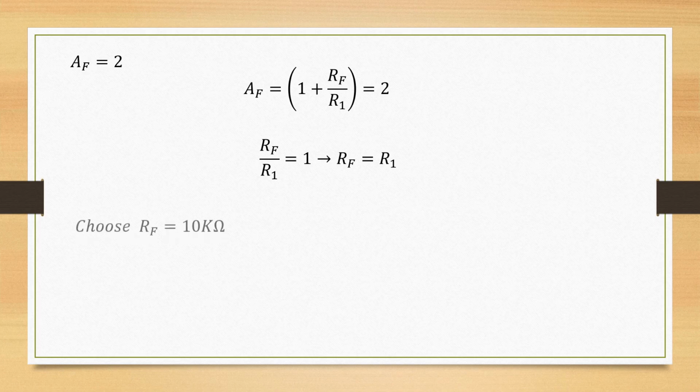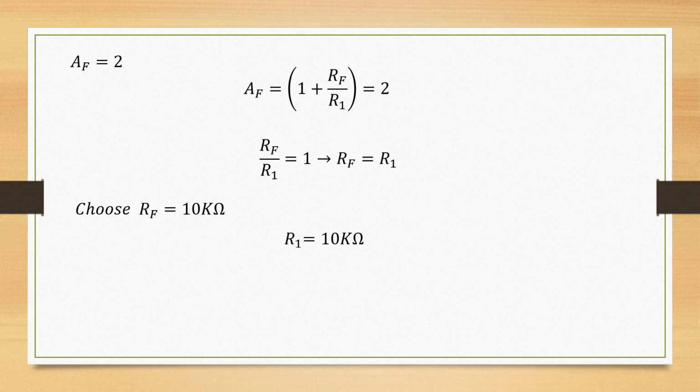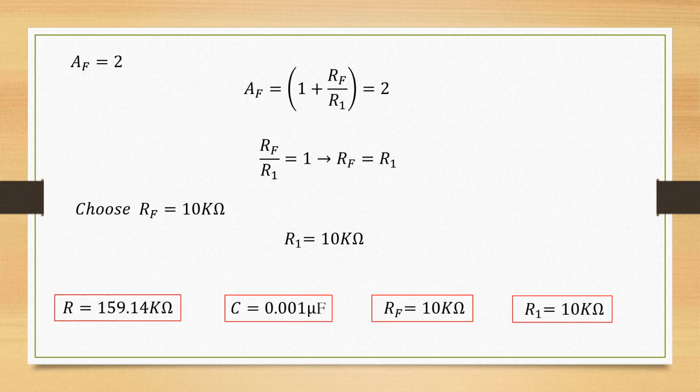We will select RF equal to 10 kilo ohm, so R1 will also be equal to 10 kilo ohm. With this process we have obtained all the values of the components required: the resistance R as 159.14 kilo ohm, capacitance C as 0.001 microfarad, RF as 10 kilo ohm, and R1 as 10 kilo ohm. So this is the design process.